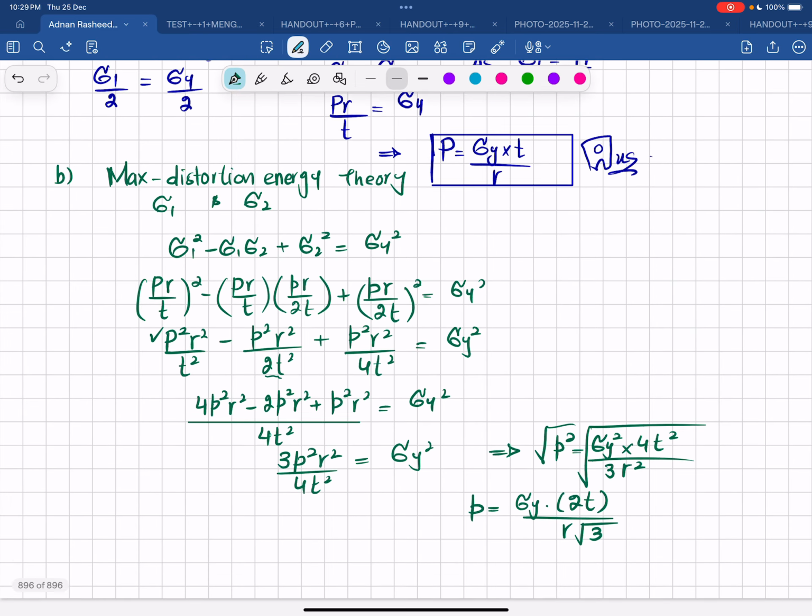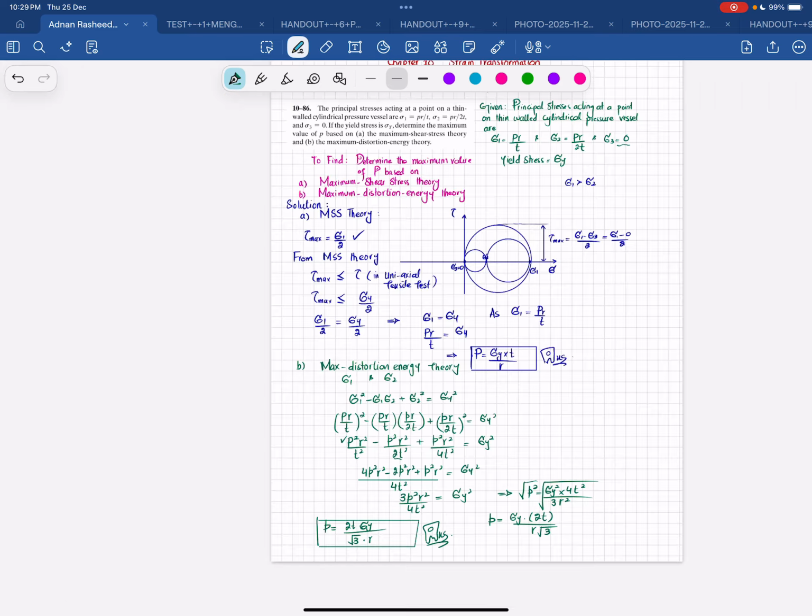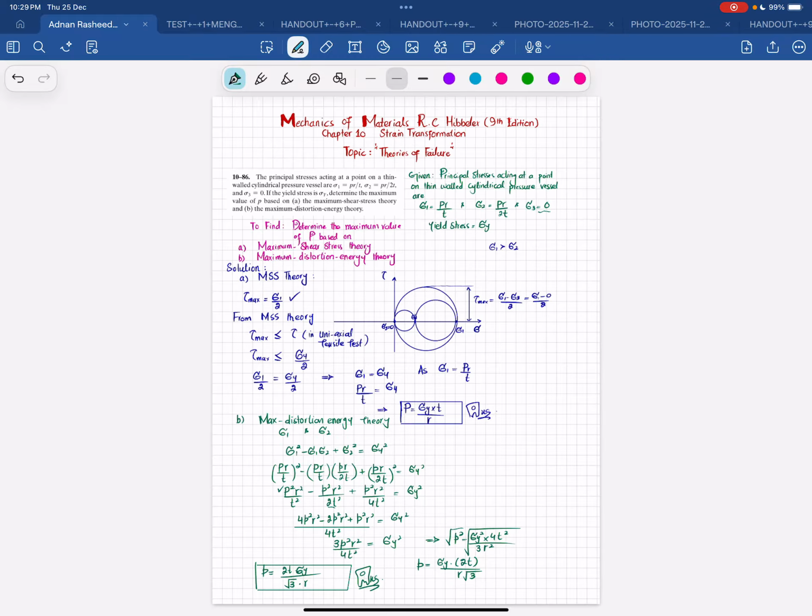So we can write P equal to 2T into sigma y divided by the square root of 3 multiplied by R. This is the value of pressure in the thin wall pressure cylinder using the maximum distortion energy theory. And this was all about problem 10-86.